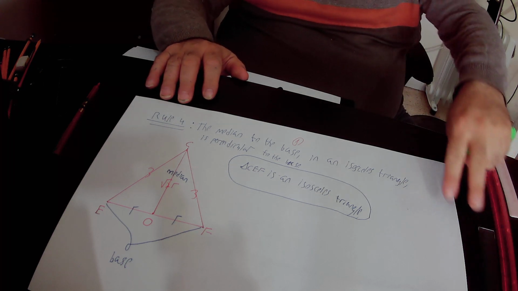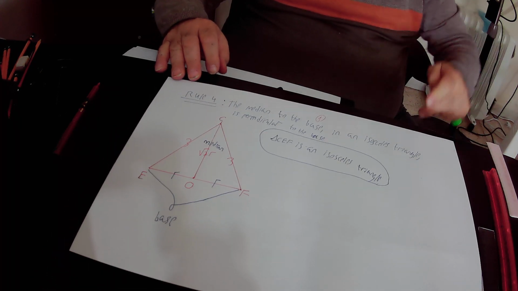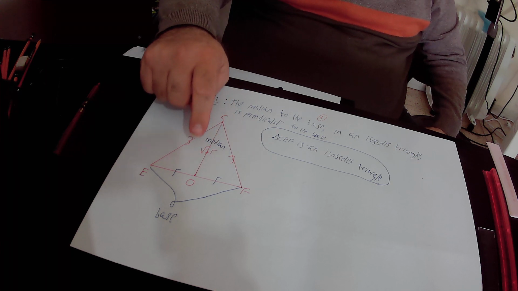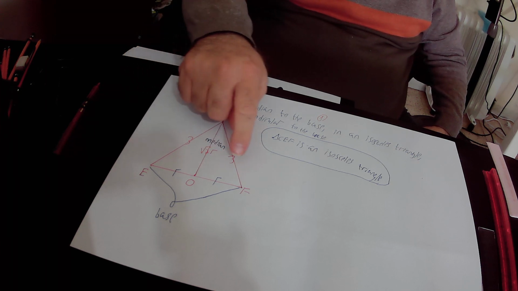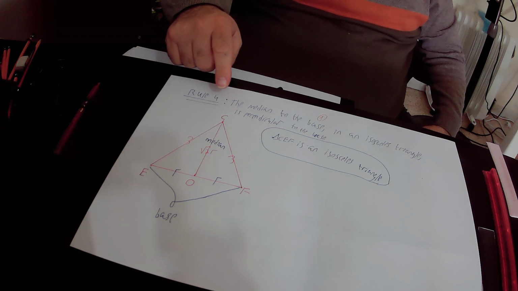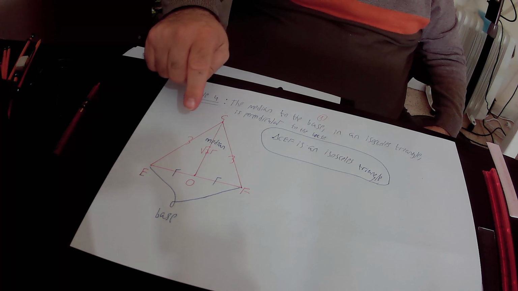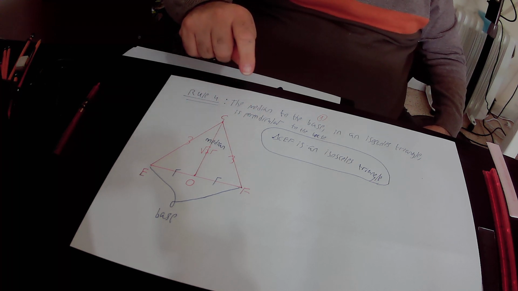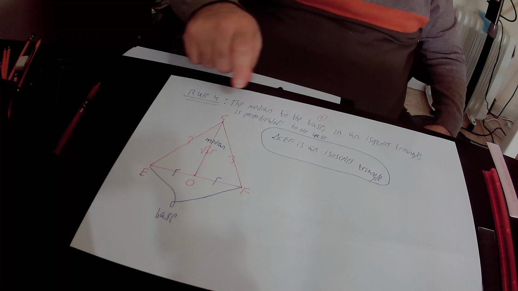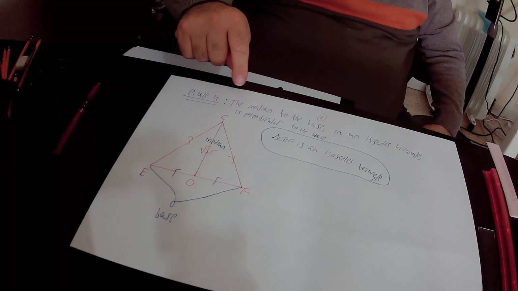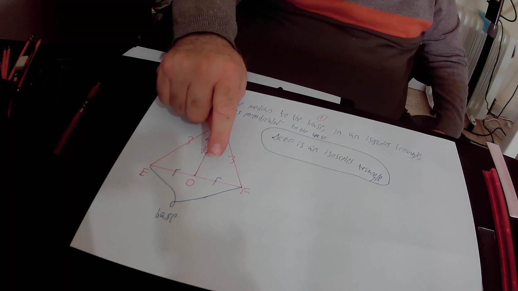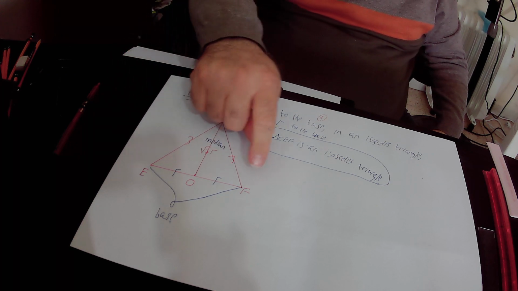So according to rule number 4, the median CO to the base EF in an isosceles triangle CEF is perpendicular to the base EF. That is to say, CO is perpendicular to EF.